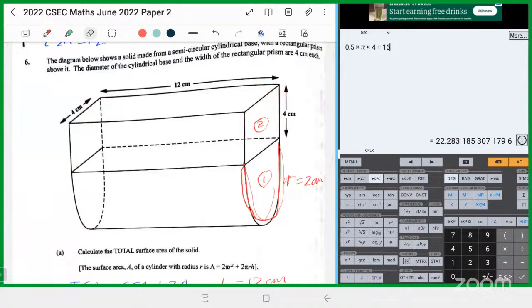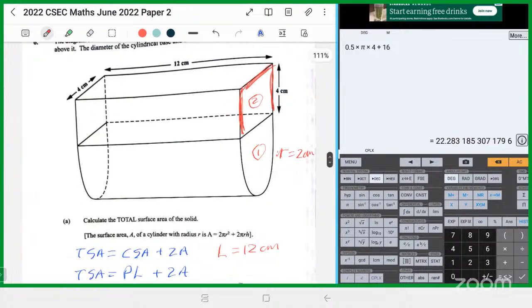The perimeter of the end is this 4, this 4, and 4. We cannot include this part in the perimeter, because you're going around the end of it. So it's 4 plus 4 plus 4 plus half of a circumference. Circumference is 2 pi r, so half of a circumference is half of 2 pi r.